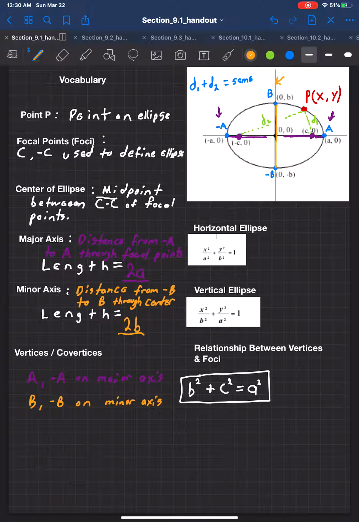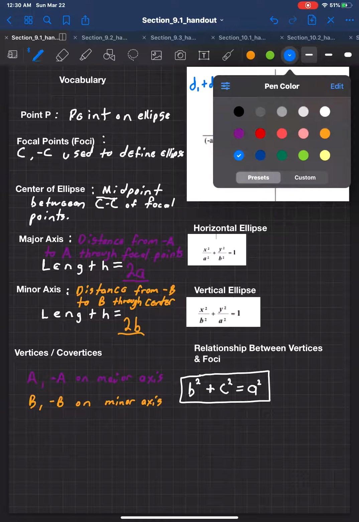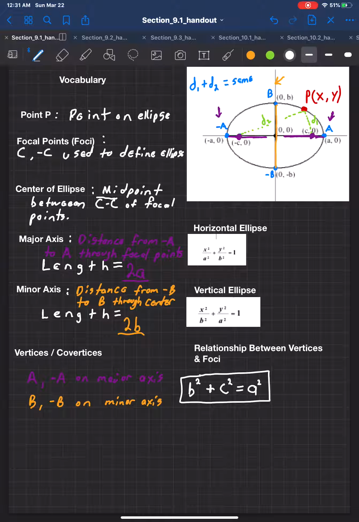All right, so we're going to start with two different equations of the ellipse. We're going to start with the easiest case, where we let the ellipse be centered at the origin. It's kind of like when you're dealing with circles: the equation of a circle centered at the origin was just x squared plus y squared equals the radius squared.